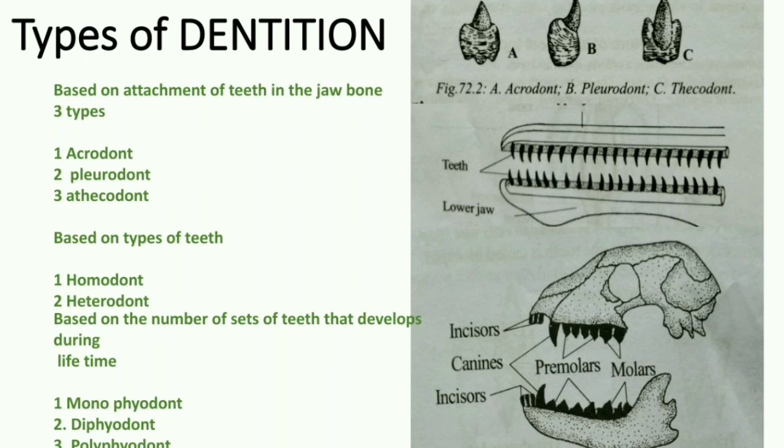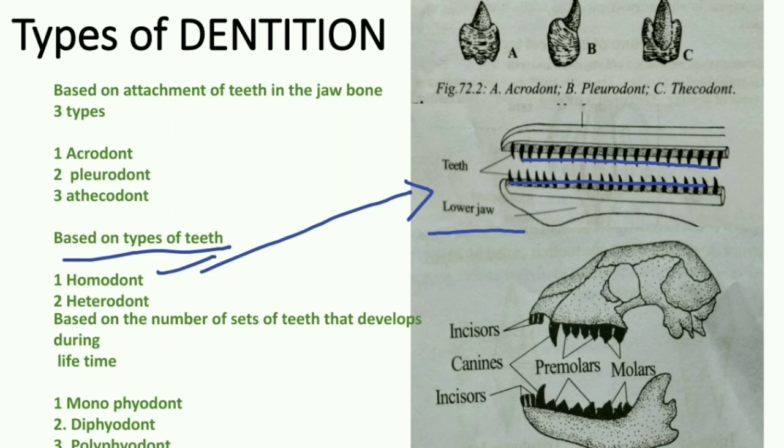Next, based on the types of teeth, first homodont. Homodont dentition is a condition where all teeth are similar in shape, for example dolphins.